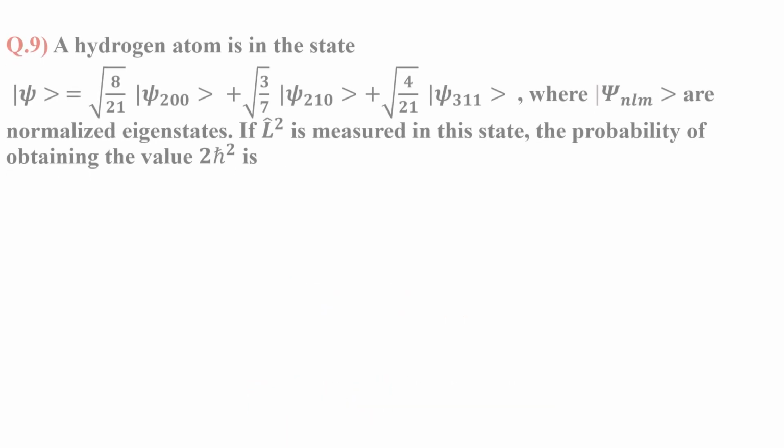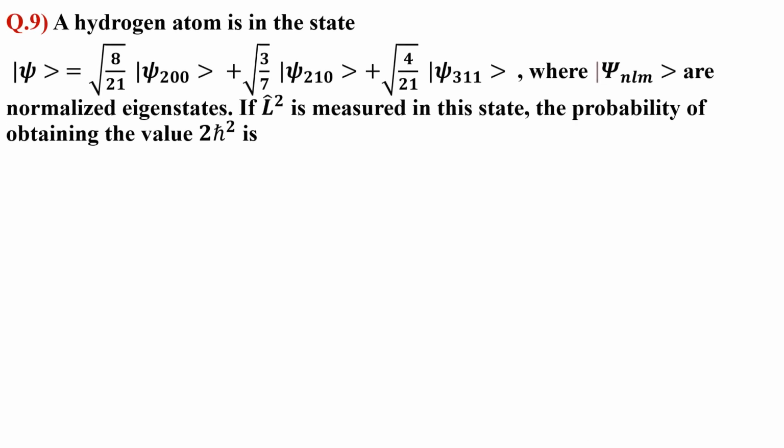Question 9. A hydrogen atom is in the state ψ = √(8/21) ψ200 + √(3/7) ψ210 + √(4/21) ψ311, where ψnlm are normalized eigenstates.